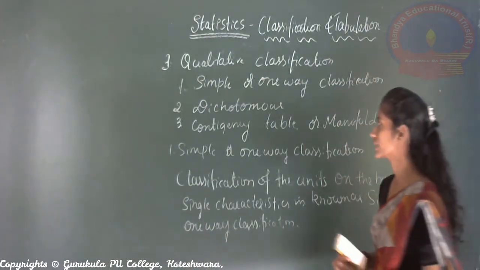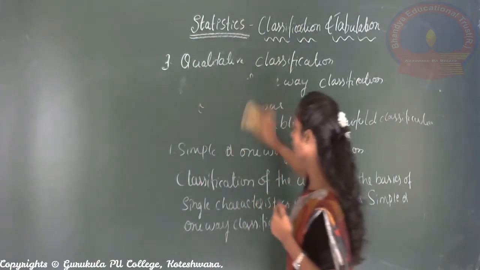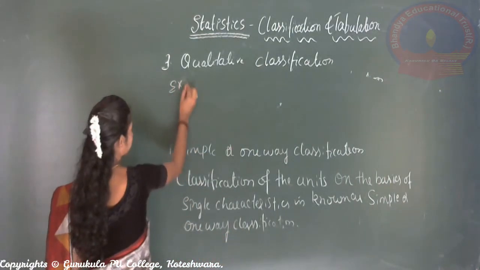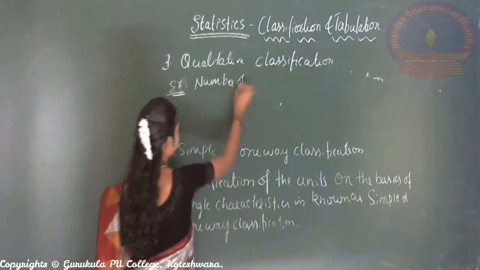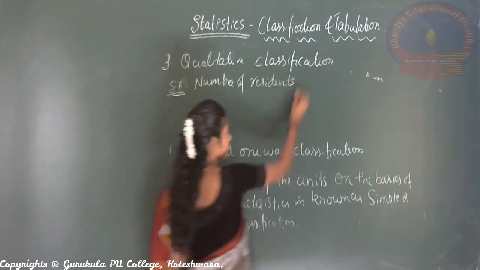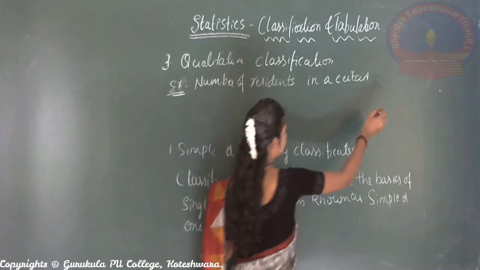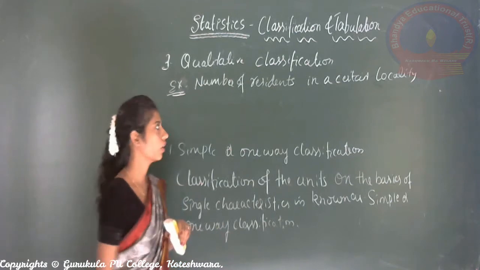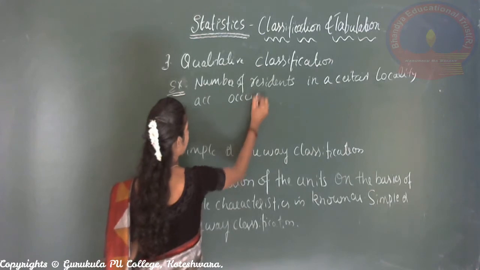So here the next example for one-way or simple classification is the number of residents in a certain locality depending upon their occupation, that is, according to occupation.